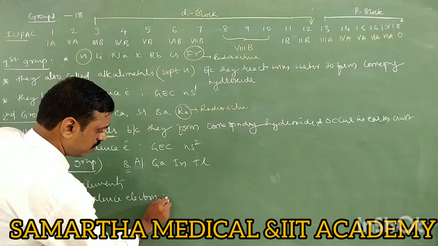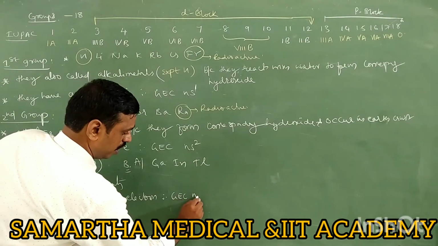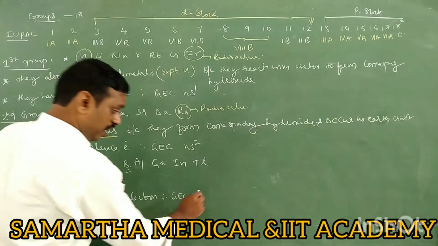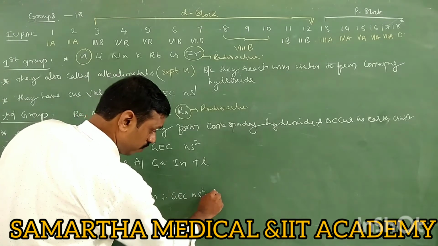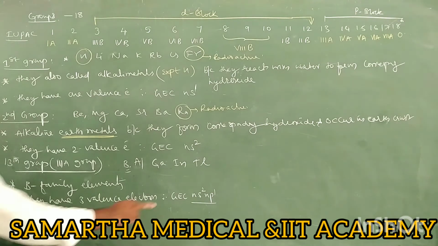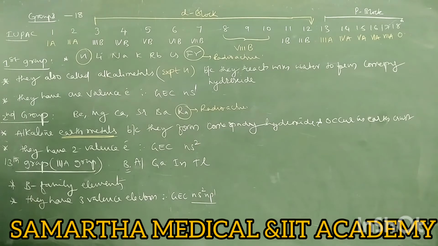What is the general electronic configuration? ns2 np1, because 2 plus 1 is 3 valence electrons. Therefore ns2 np1 is the general electronic configuration of 13th group elements.